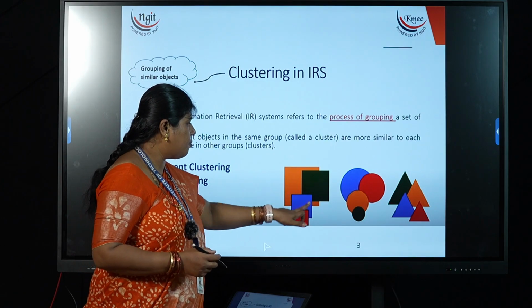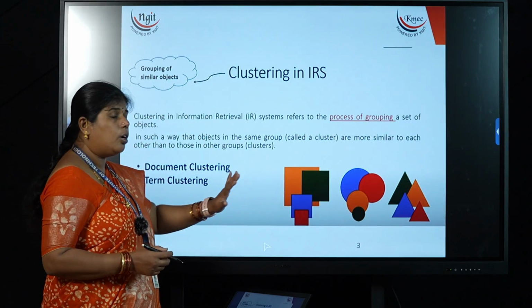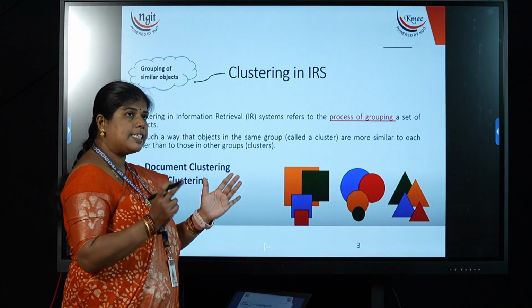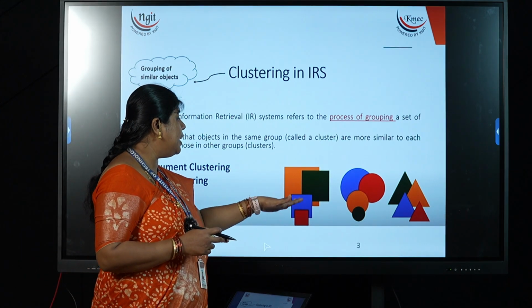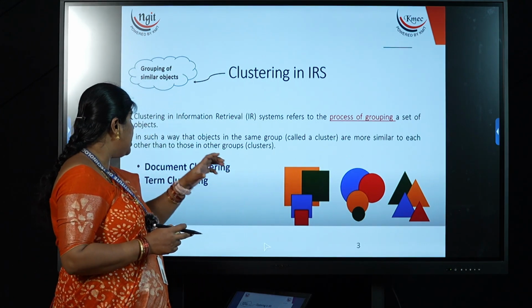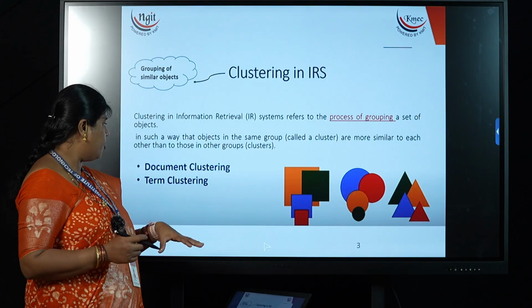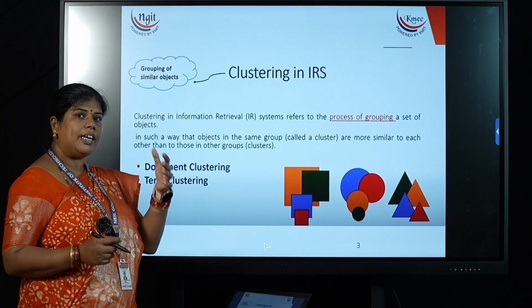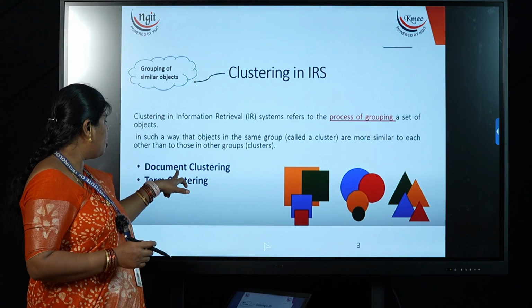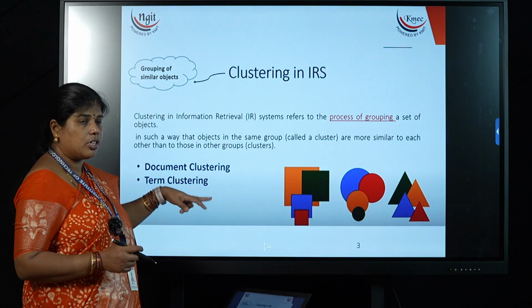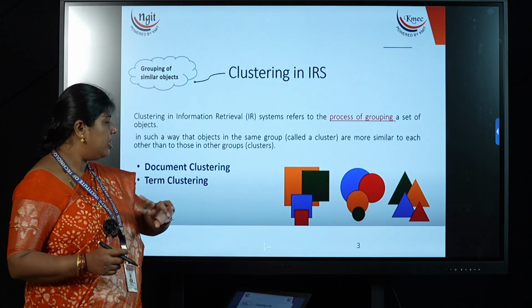Okay, this is cluster 1, 2 and 3. Now based on what are the clusters formed? Based on the similarity of objects in each group. In the same way, based on the similarity of documents or the similarity of terms, there will be document clustering and term clustering. So these are the two types of clustering.